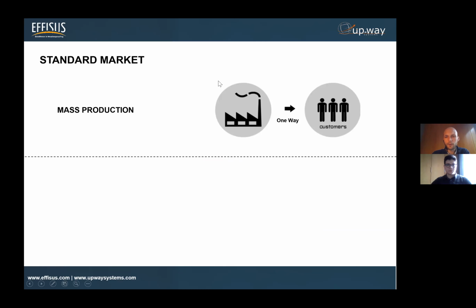That is, we have factories and manufacturers producing some specific products, and they're delivering these products to the customers, to the site, as standard membranes, standard products, standard width, and there's no way for the people at site or the designers to go back and try to get an improvement of these solutions for their site.